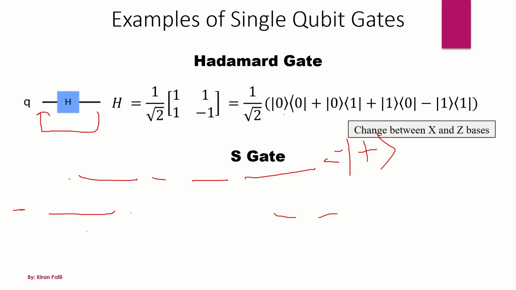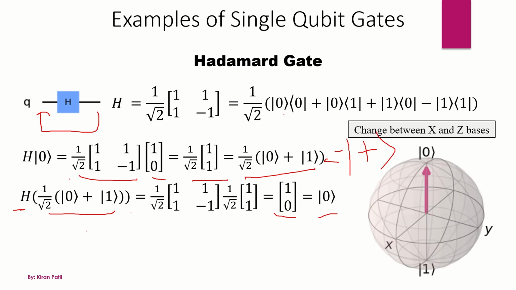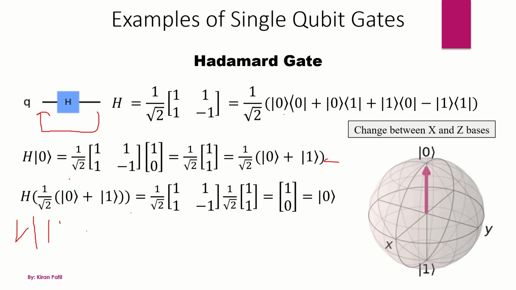Now next gate is S gate. Before going to the S gate, I will give one example, do the practice at home. That is, apply the Hadamard gate on |1>. Simply write down the Hadamard gate over here, multiply it with |1>, which is 0 1.